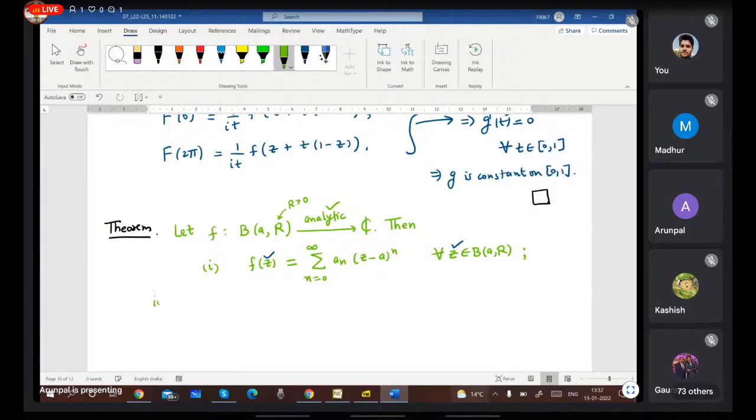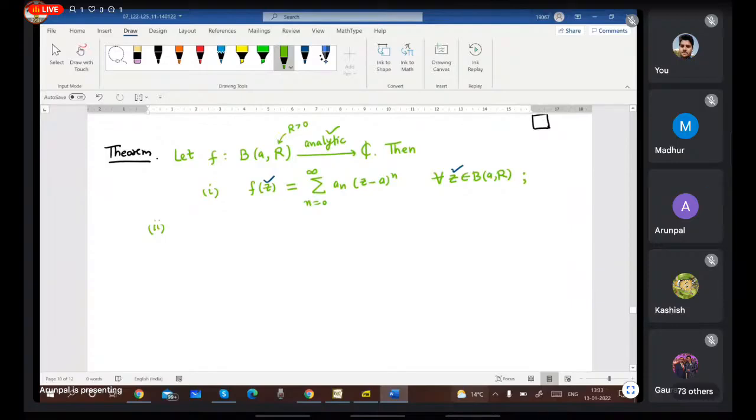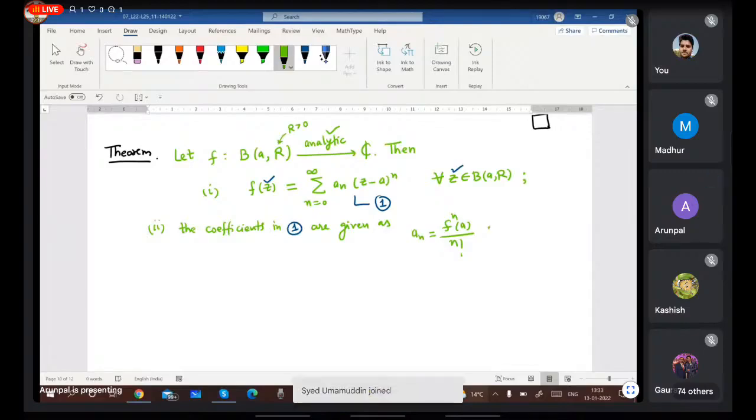Number two, the coefficients in, I call it 1, let us say, in 1, are given as this. These coefficients are given as this.